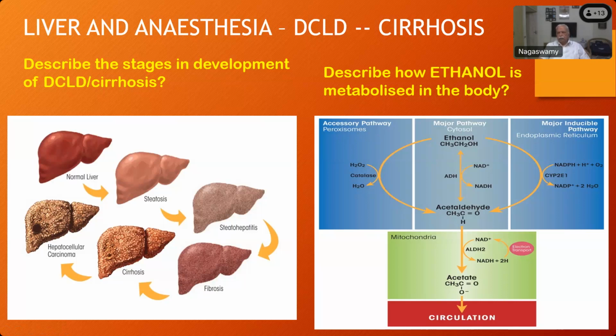This is an inducible pathway which will come and act temporarily. Where else do you have an inducible enzyme production in the body? The clue is in the vascular system. Where do you get an inducible enzyme production?